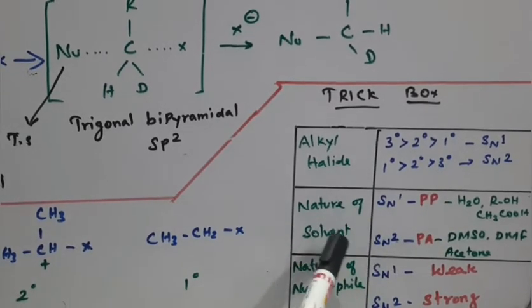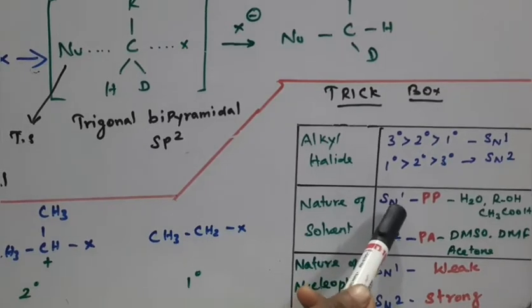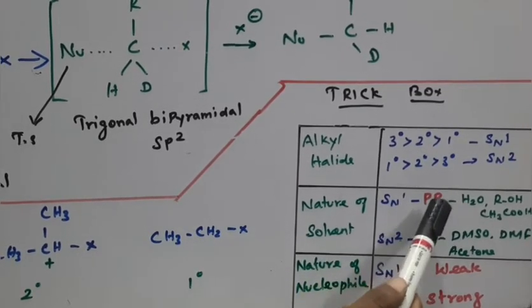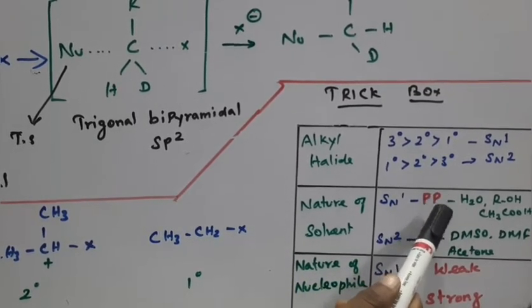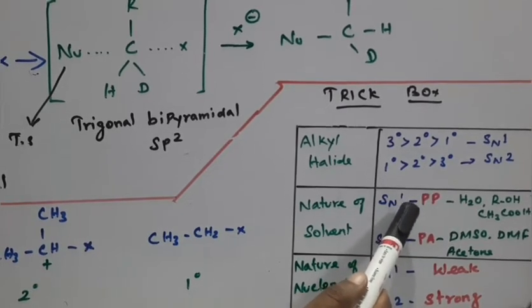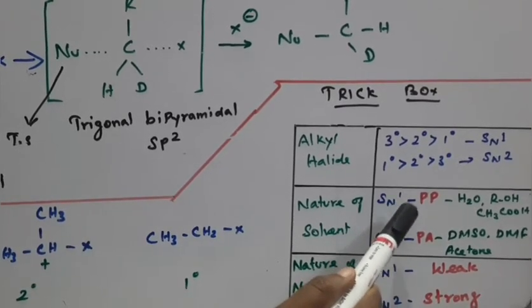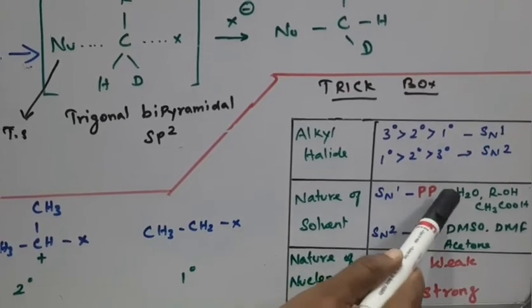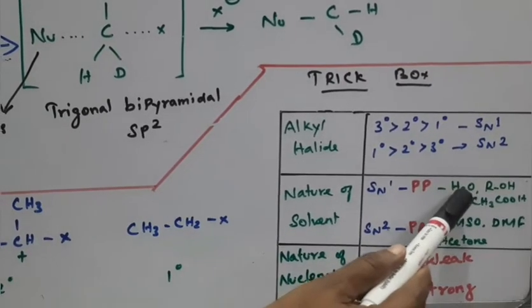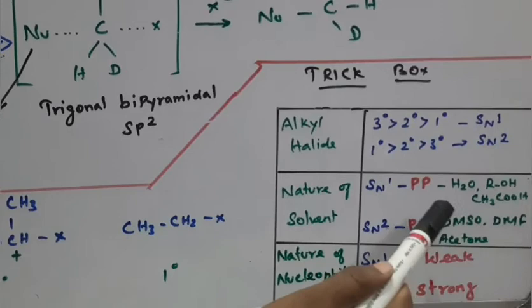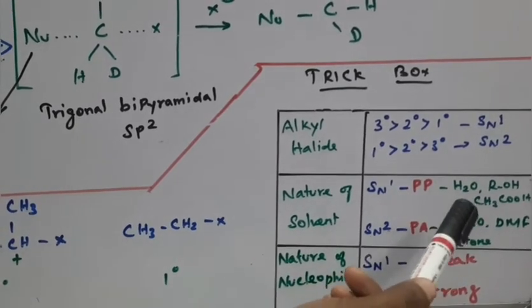Next, the nature of the solvent. For SN1 reactions, if you find any polar protic solvent, that reaction undergoes only SN1. What are the polar protic solvents we studied? Water, alcohol and acetic acid, and sometimes AgNO3 also.